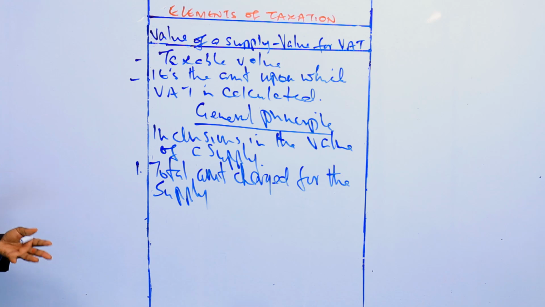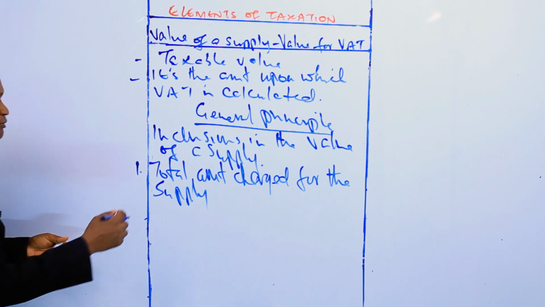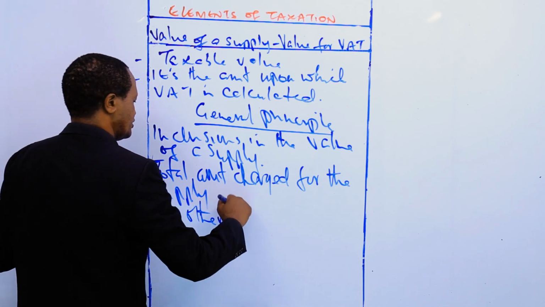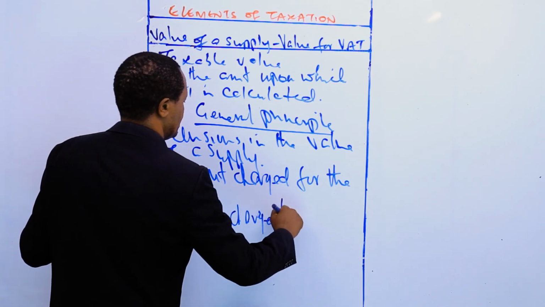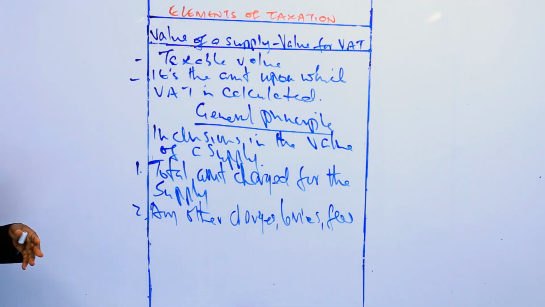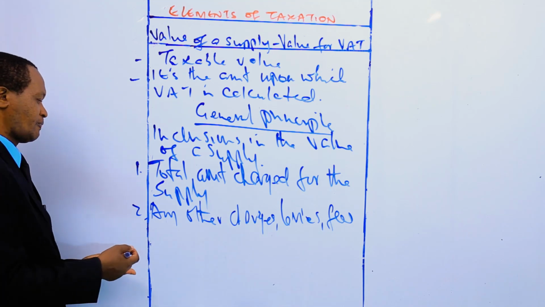This is the basic price of the goods or services. Then it may include any other charges, levies, any other fees. It could be excise duty, import duty, and specific levies that may be included in the taxable value before VAT is calculated.